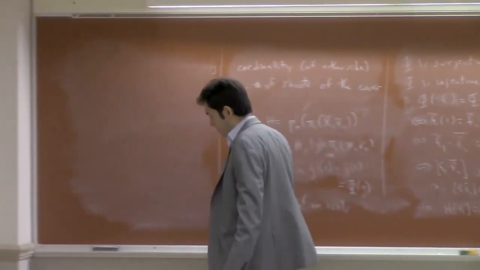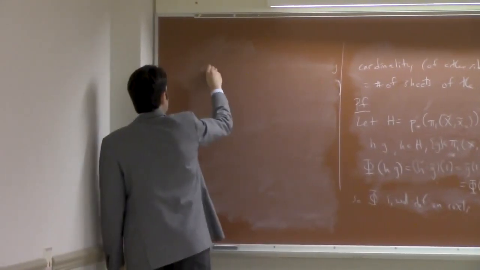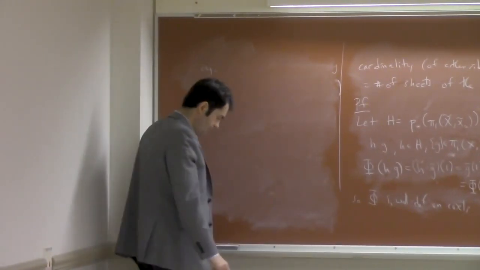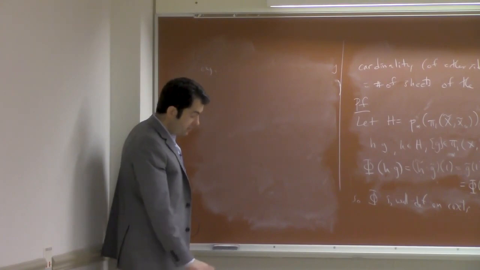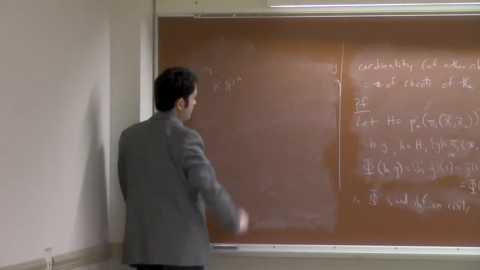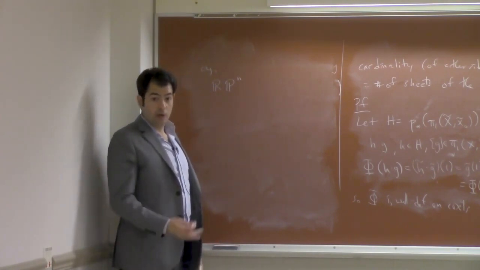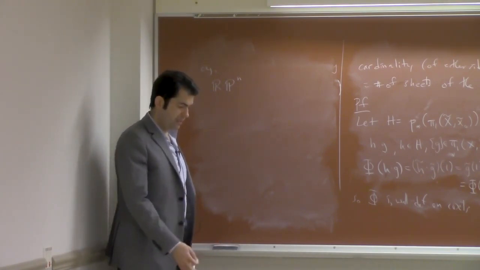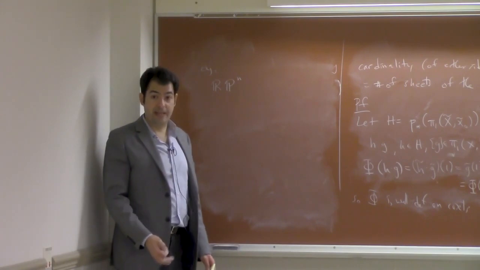It's a quick application. Let's say you look at RPn. Right? So as you know, RPn is the real projective space of dimension n.